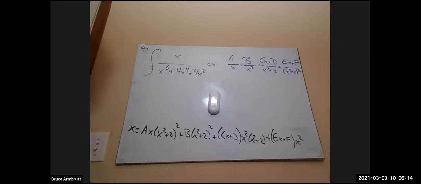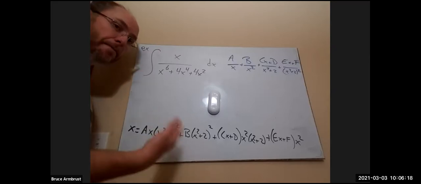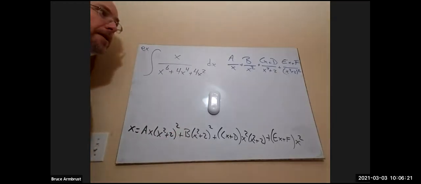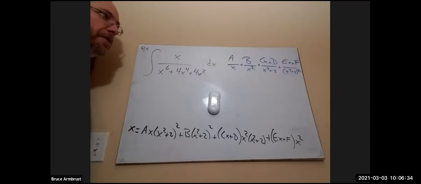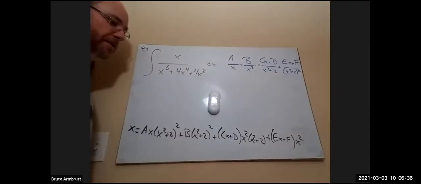All right, but I think this is where I'm going to stop this one, because now it's just a matter of plugging in numbers. In terms of good choices, there's really only one good choice, and that's x equals 0, because that's the only thing that makes any of these bottoms 0.